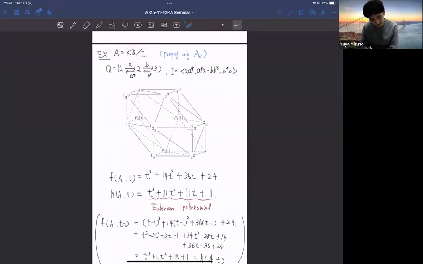Let A be the following quiver with relations. This is one of the important algebras called preprojective algebras, type A3. Namely, we can consider the path algebra, and we add new arrows in the opposite direction.